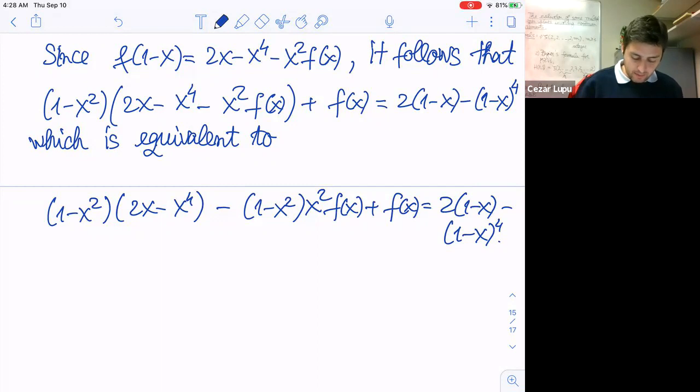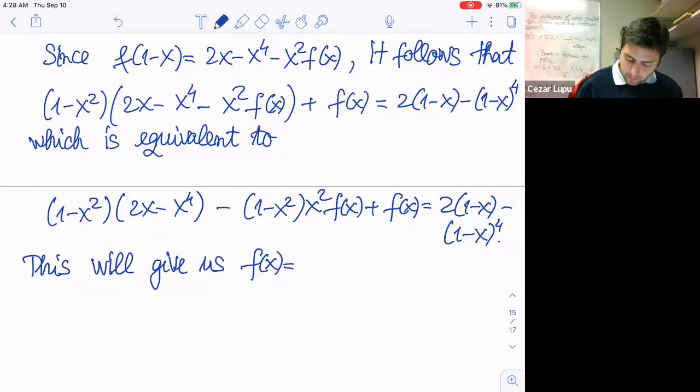Clearly, this will give us f of x to be 1 minus x squared. Well, it's quite clear.